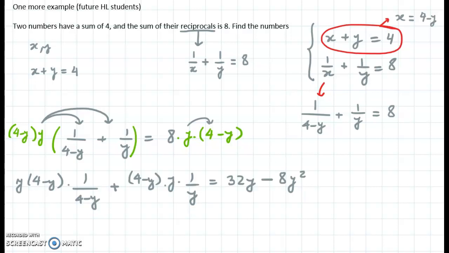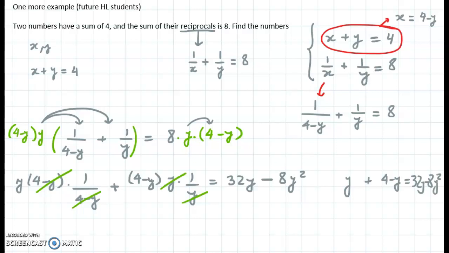That doesn't really matter. We know that the order we multiply factors doesn't matter. So I just did it so it looks nicer over here when I cancel out the factor of 4 minus y in the first term and the factor of y on the second one. So out of all of this, we just have that y plus 4 minus y has to be the same as 32y minus 8y squared.